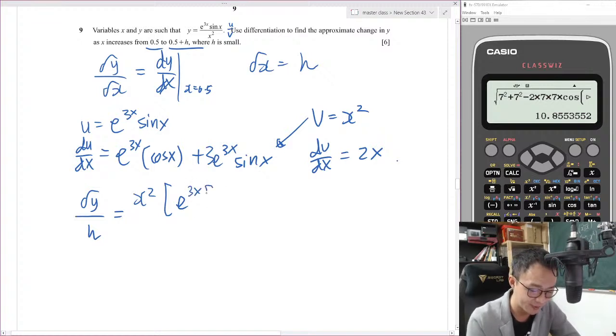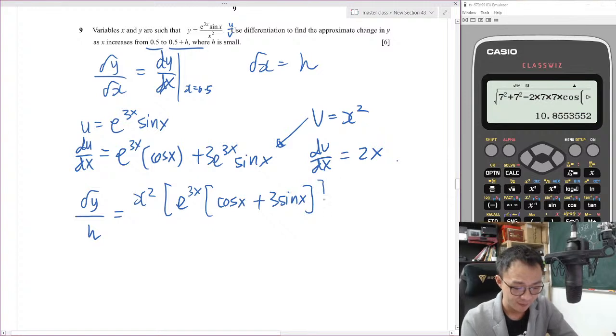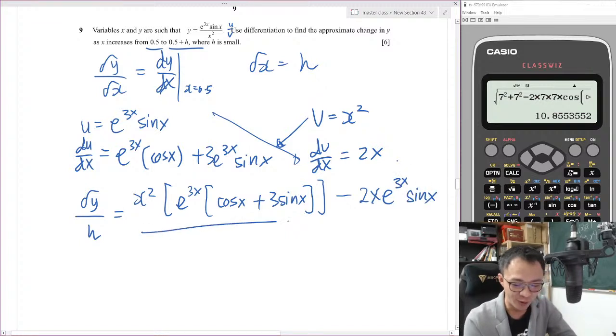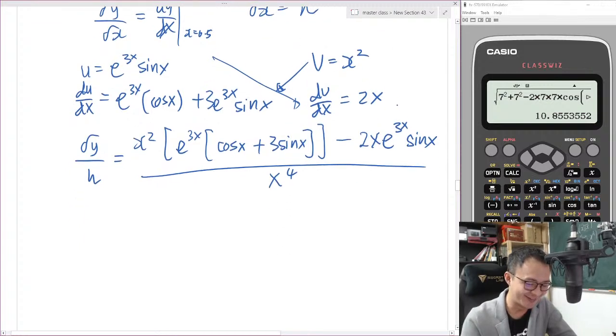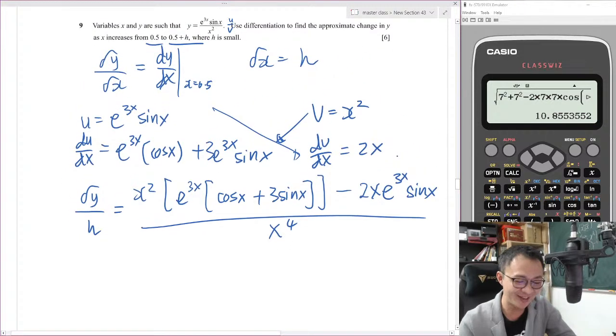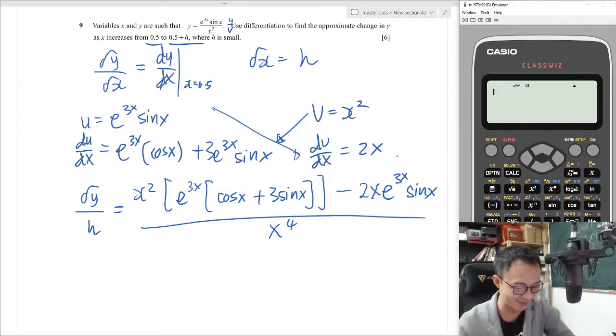So it'll be cos x plus 3 sin x, and then minus u multiplied by dv/dx, which is 2x e^(3x) sin x, over v squared. It's a bit crazy, this kind of thing. But luckily we have a calculator, so I don't care how crazy it is. I just key everything into my calculator here.